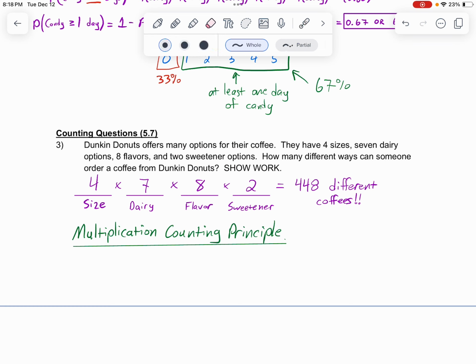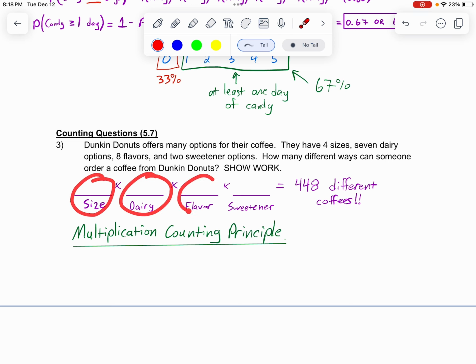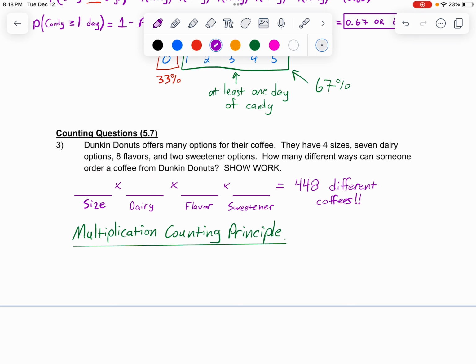So what you do is you think of every single decision that you're making. You have to choose your size, your dairy, your flavor, and your sweetener. And you simply put in the number of options for each decision.